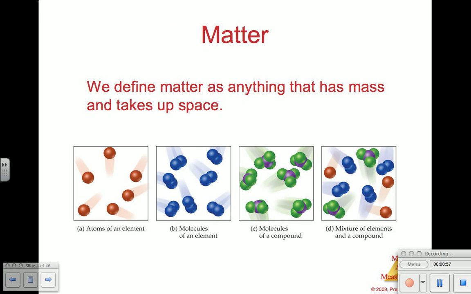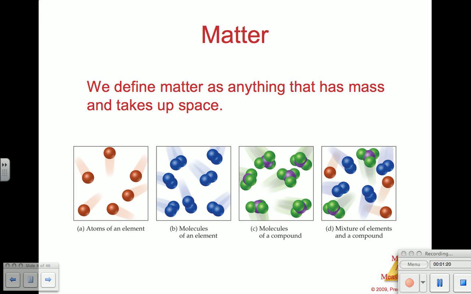All right, so when we talk about matter, we're going to talk about a variety of different forms of it. Matter, basic definition, is anything that has mass and takes up space. So you've got atoms of an element, which is the smallest whole item of matter.